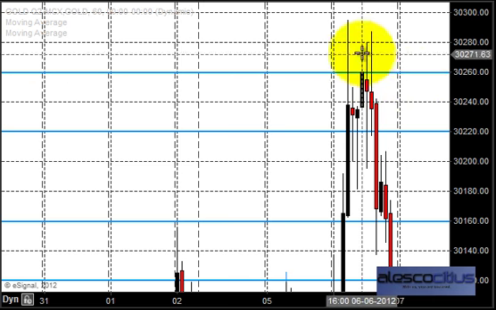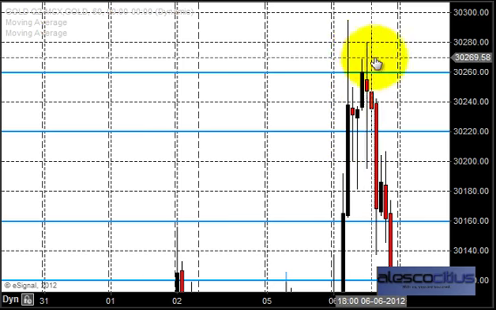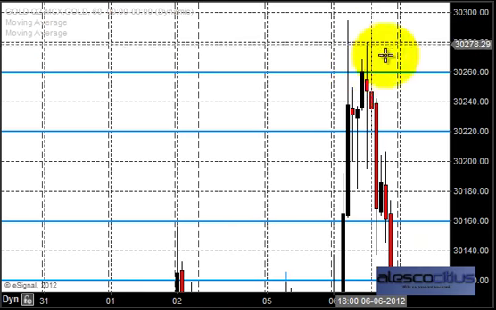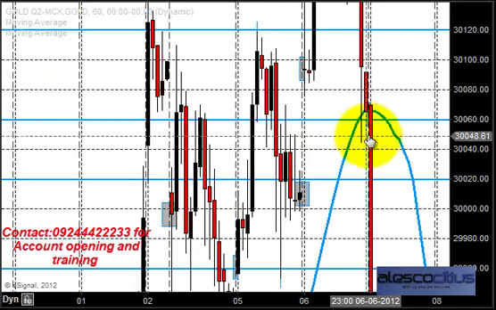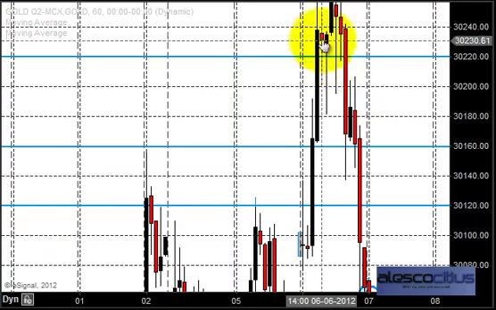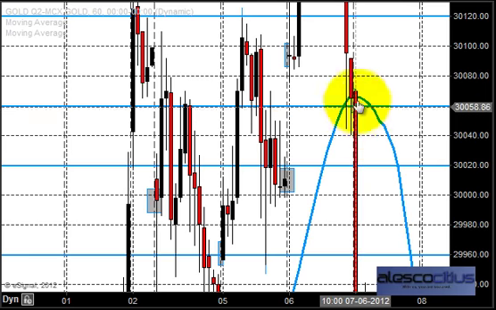This is a 1 hour chart, and many times the market stayed above 30,260. The failure to sustain above 30,260 pushed the market down till 30,060. It lost all the gain created earlier and closed around 30,060.